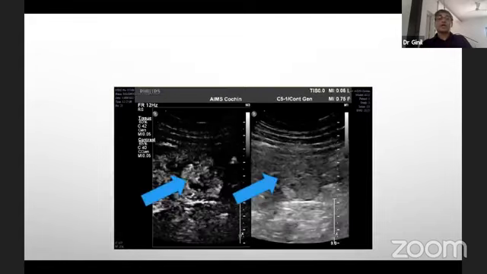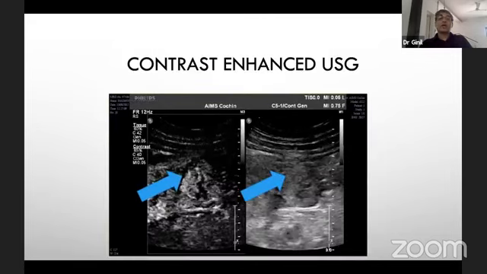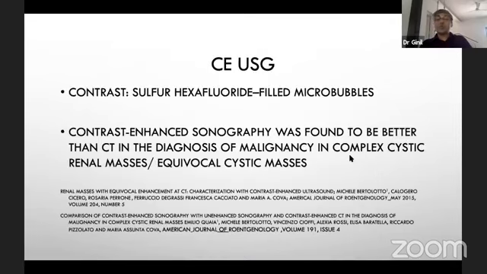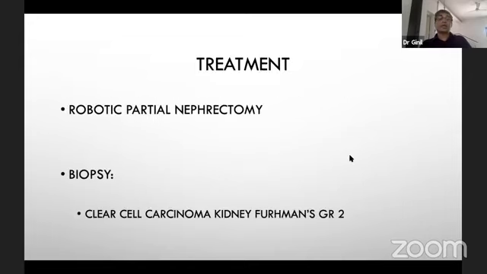You can see that this tumor enhanced when contrast was given. This is a tool which has a better detection rate, especially in equivocal cystic masses, and is recommended by the EAU currently.